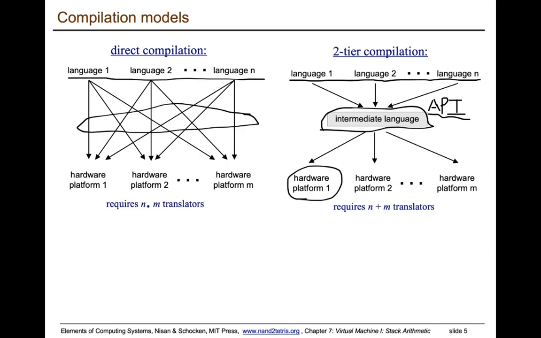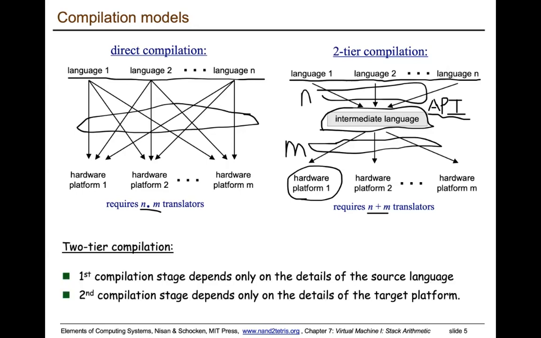It will be two-tier compilation, which requires only n plus m translators. So this side needs n translators, and this side needs m translators. Here is m, here is n. So it will save me a lot, from n times m to n plus m.